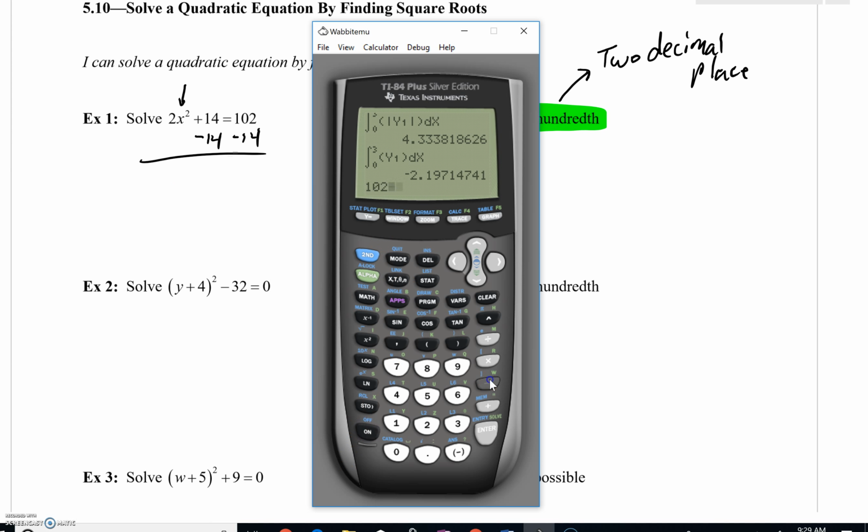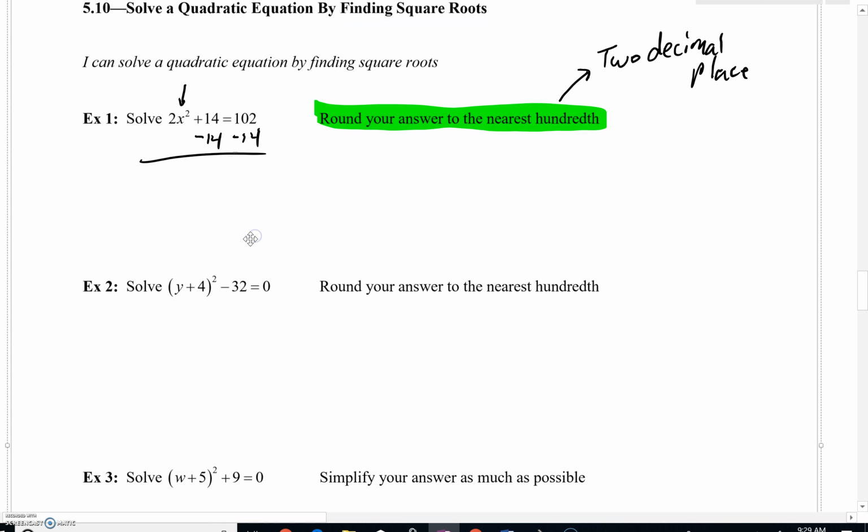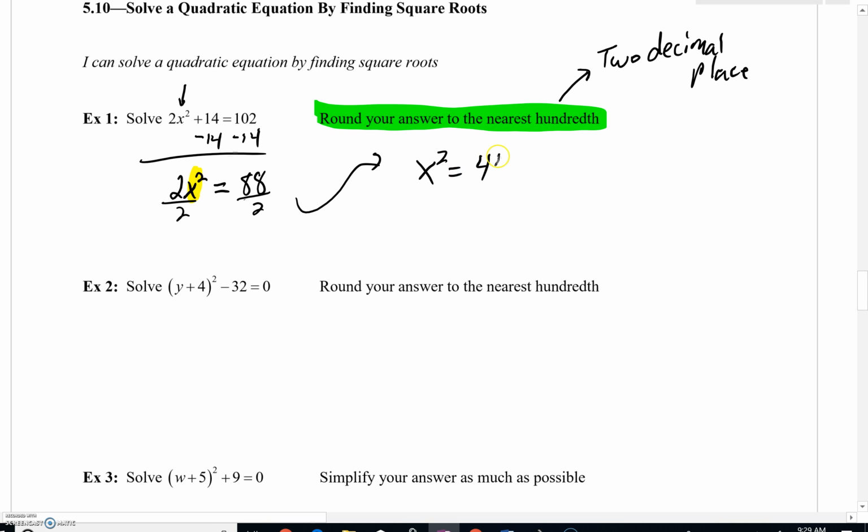And 102 minus your 14, you can quickly see is going to be 88, right? So at this point, we'll have 2x squared is equal to 88. Again, my goal is to solve for x squared first, to get that alone. So what we'll do is divide both sides by 2, and then we'll have x squared is equal to 44.